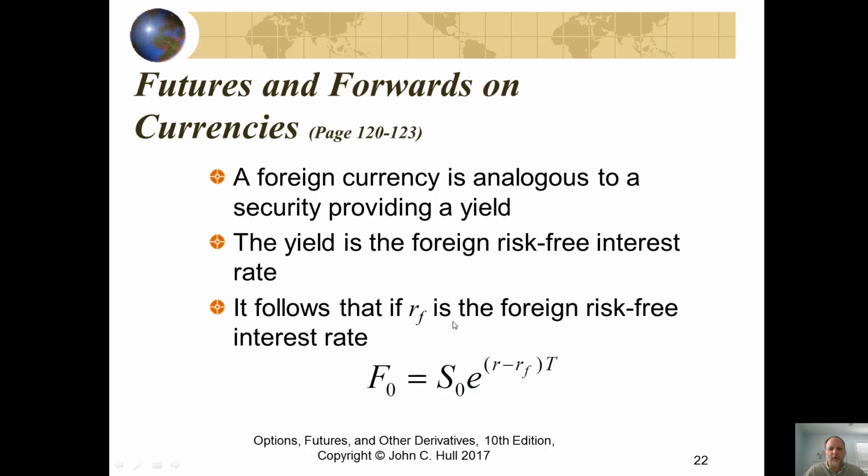So it follows that if rf is the foreign risk-free rate, for there to be a no-arbitrage condition, the forward on the exchange rate, for example, British pounds versus dollars, has to equal the spot on the exchange rate of British pounds versus dollars, F0 = S0 e^((r-rf)T), where r is the US dollar risk-free rate, rf is the pound risk-free rate, and T is the time period until the expiration of the future or forward contract. If you take a class in international finance, you will use this formula in great detail.